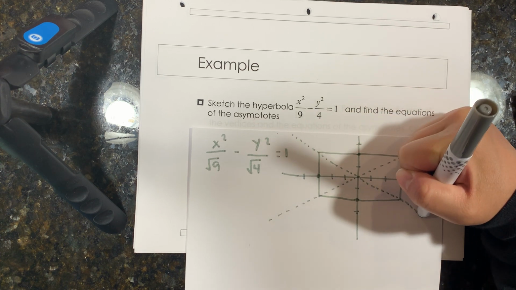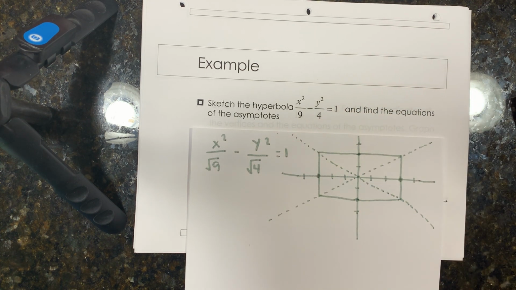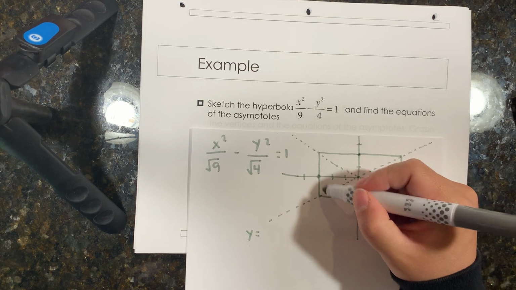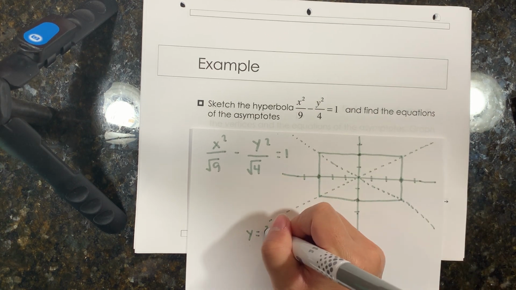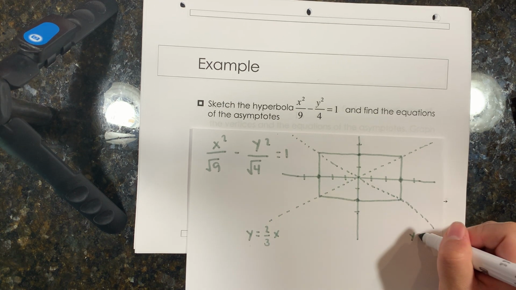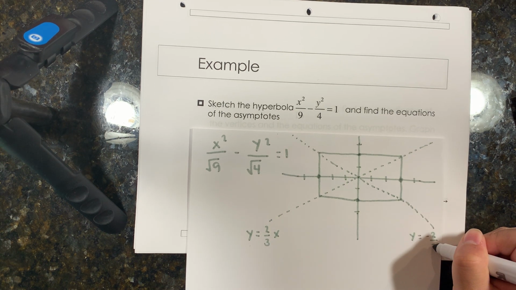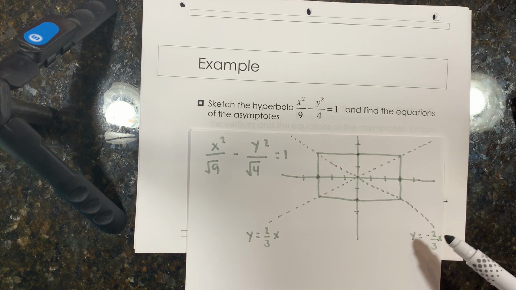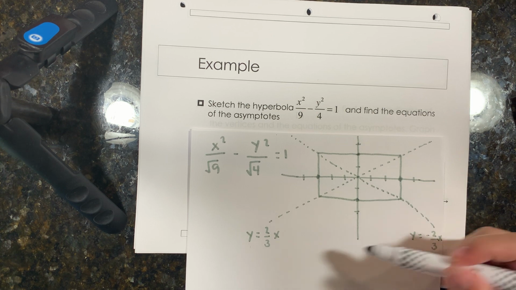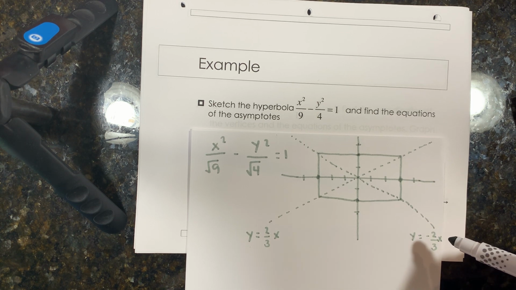Now it does want the equations of both of those. That one's really bad. But this would be y is equal to rise 2 over 3, so 2 over 3x. That's the same thing, but it's going to be the negative. So when it asks for the equations of that, it's just the rise over the run. And they're going to be exactly the same, one positive, one negative.